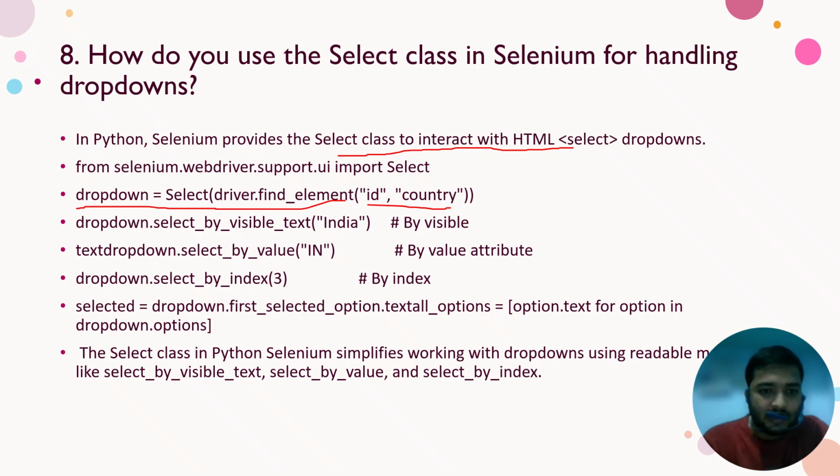Second, use select_by_visible_text. Third, select_by_value equal to India. And dropdown.select_by_index equal to the position of the option in the dropdown. The Select class in Python Selenium simplifies working with a dropdown using readable methods like select by visible text, select by value, and select by index.